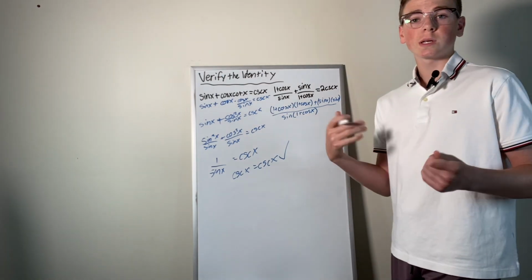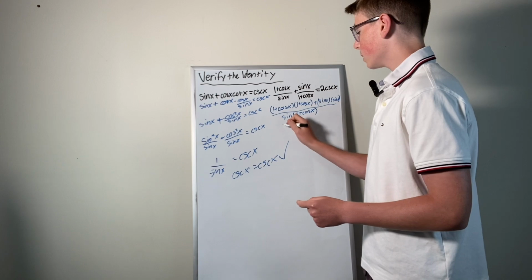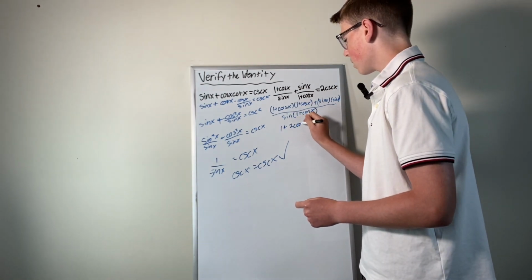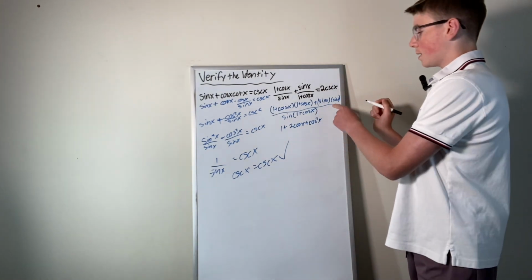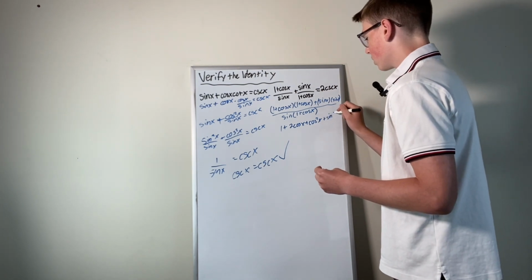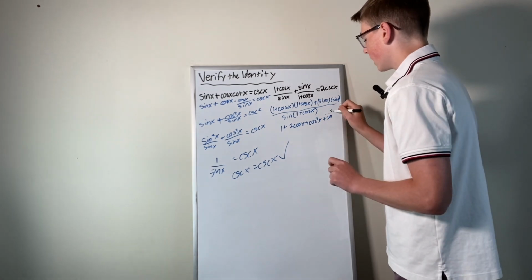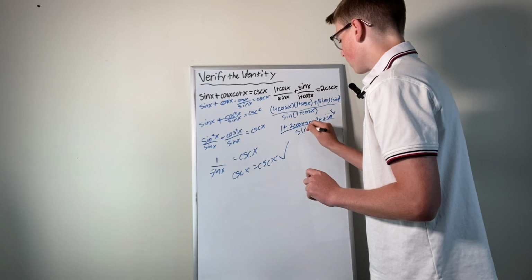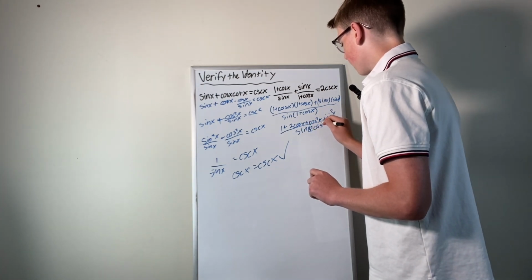Now, we're just going to distribute, all these FOIL. So 1 times 1 is 1, plus 2 cosine x plus cosine squared x, and then sine x times sine x is sine squared x, divided by sine of 1 plus cosine x.